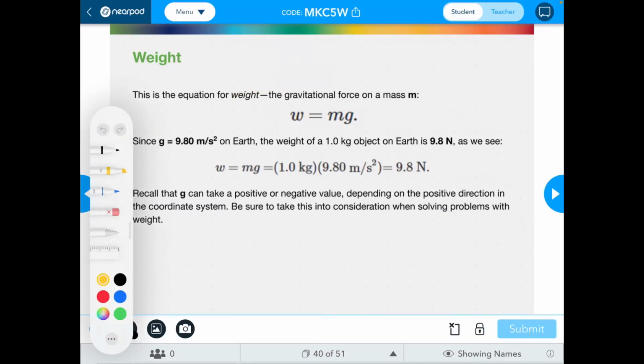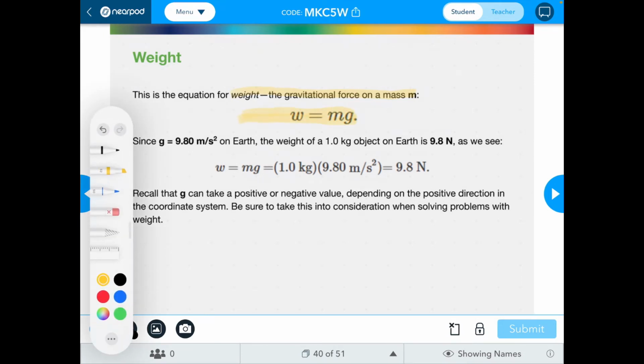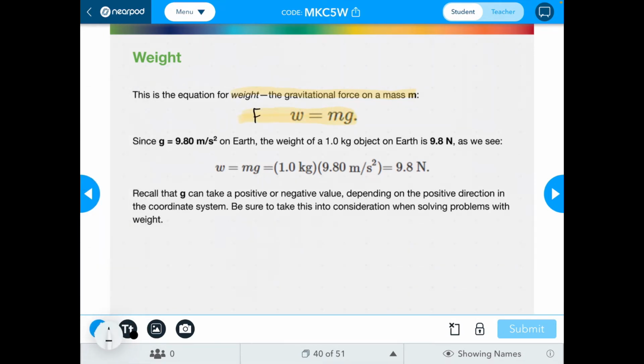Weight is the gravitational force on a mass. I'm going to highlight extra here because I'm going to write down how we're going to abbreviate weight, not using W, but there we go. And they do go ahead and figure out the weight of a 1 kilogram object is 9.8 or 9.81, depending on where you round the acceleration due to gravity.